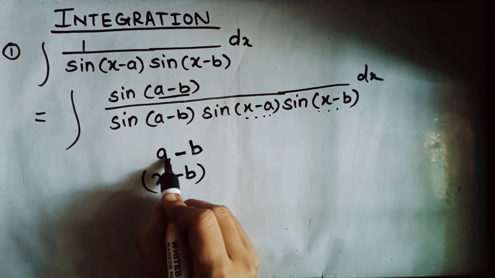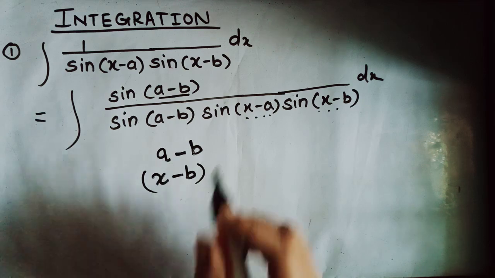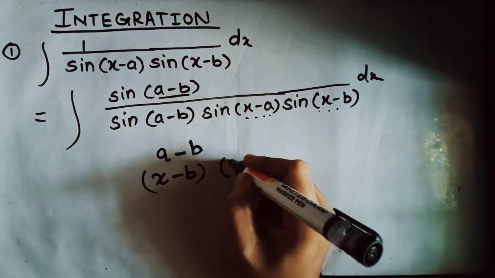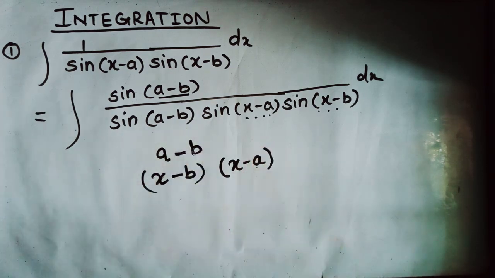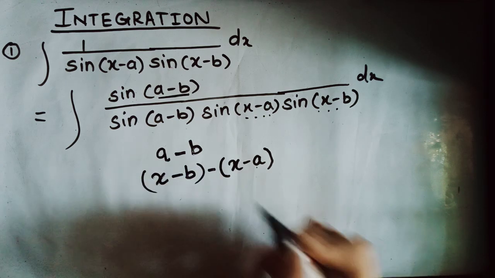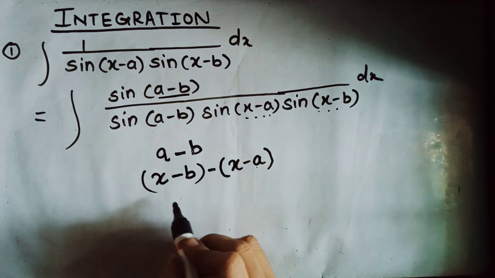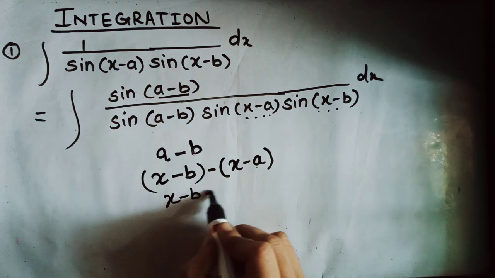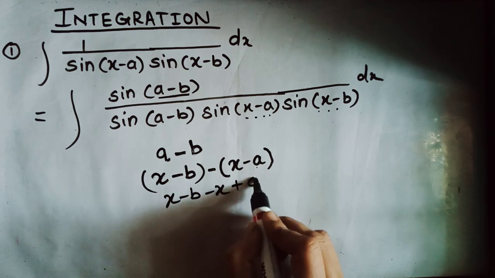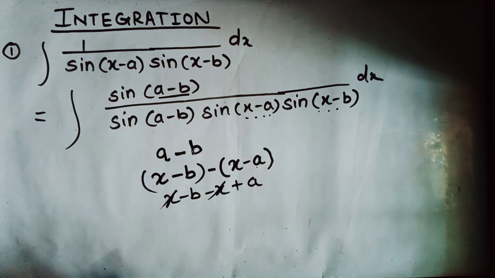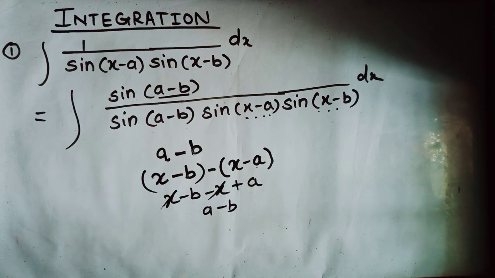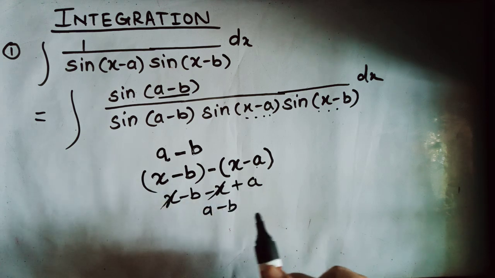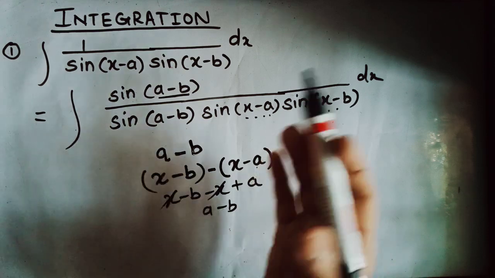Now I have to write x minus a such that when this a comes outside it should be positive. So I have to write a minus sign here, right? So what happens, x minus b minus x plus a. So this and this get cancelled and we'll get a minus b. Sometimes you have to do such adjustment to simplify the problem.